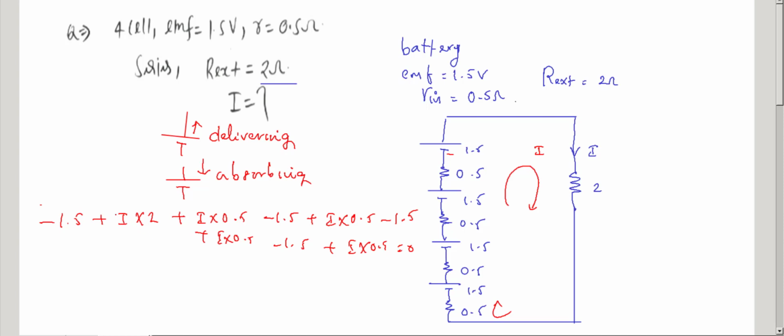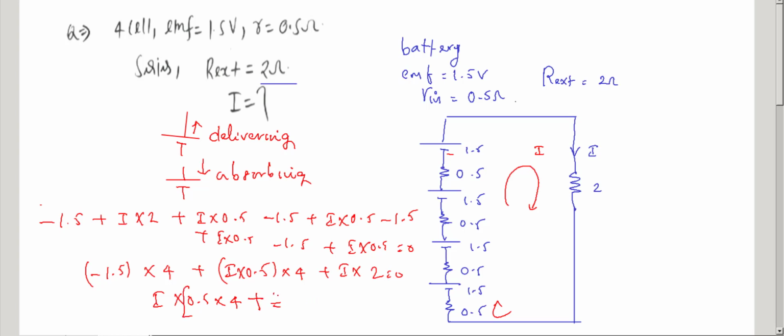You see that minus 1.5 is repeated 4 times, and I into 0.5 is repeated 4 times, and again I have I into 2 equal to 0. So I into 0.5 into 4 plus 2 equal to 1.5 into 4.